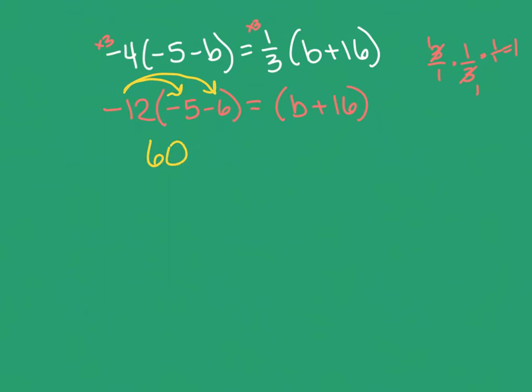And negative 12 times 6, which is positive, oh, that's not a 6. Oopsie. That's a b. That's why I don't like to use b as my variable. Is a positive 12b. Good thing I caught that. And I have over here b plus 16 was all that I had, because I was just going to distribute 1 in there, and that's fine.